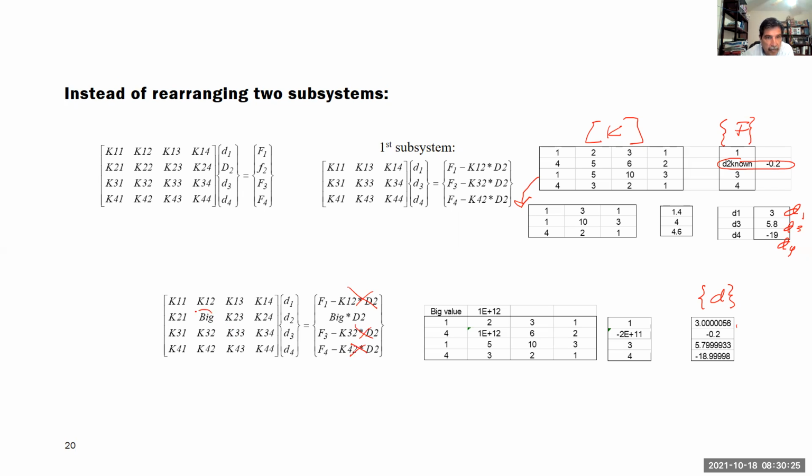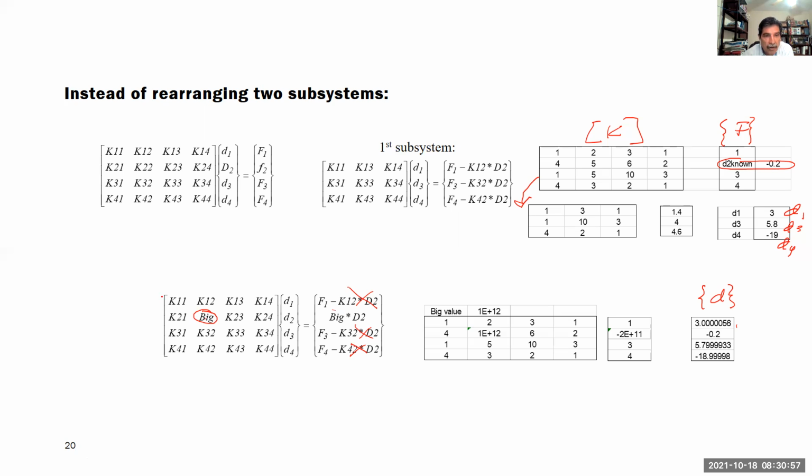You replace in the main diagonal this value, which is going to be multiplied by this D2, which is a known value, by the big value. And on the right-hand side, you take this value and replace it by the same big value multiplied by the value of D2 that you know.